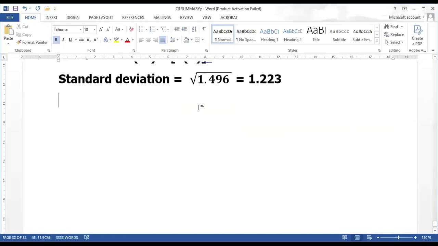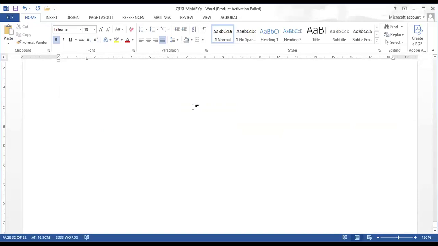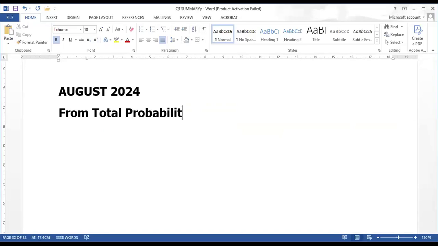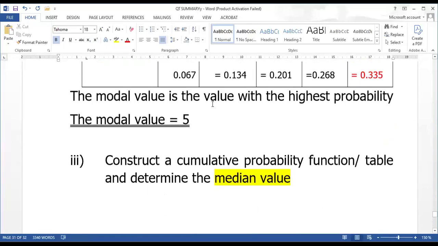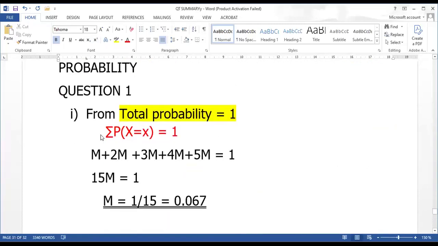Using rule 1 of probability, which says that total probability is equal to 1. You get this one from this one.